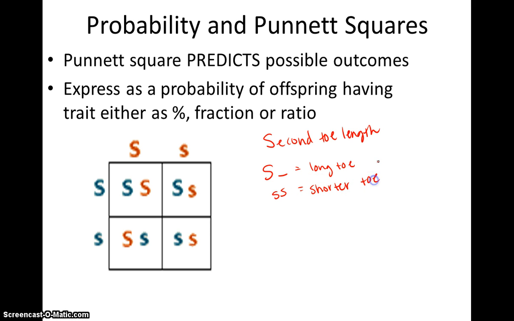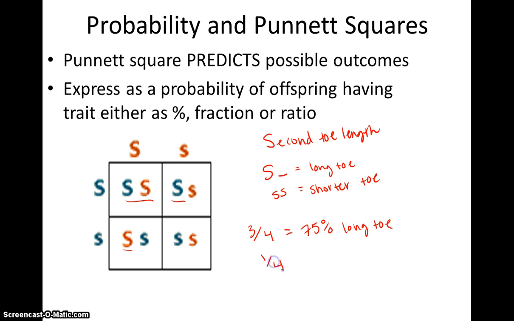So if we express these as a probability, the fraction of having a long toe, if we count, we've got a long one there, long one's there, long one's there, is going to be 3 out of a possible 4. If we turn that into a probability, that's 75%. So the probability that they'll have a long toe is 75%.